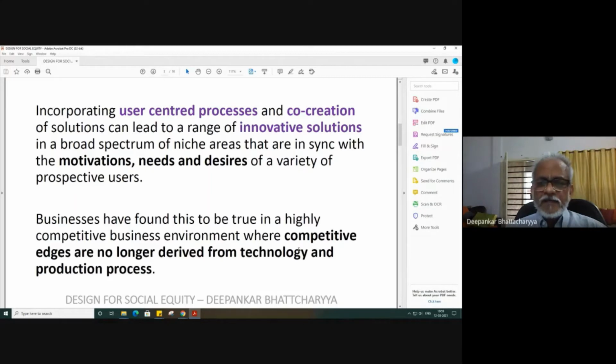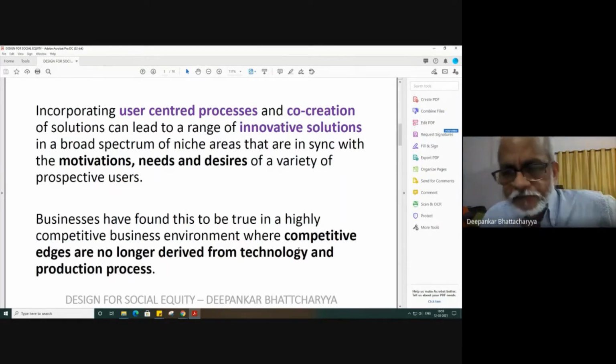Behavioral scientists, ethnographers, sociologists, psychologists have a great deal of information, which when we work with them, we are able to make a lot of sense of what these user-centered processes can be.